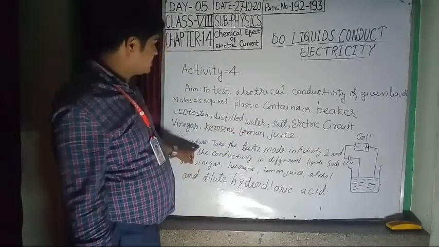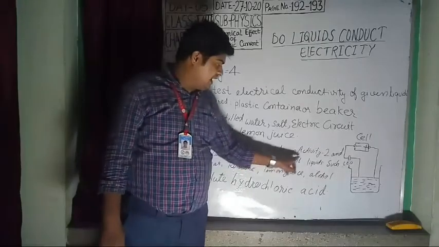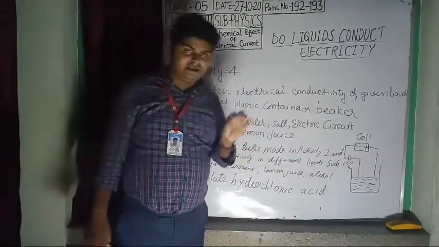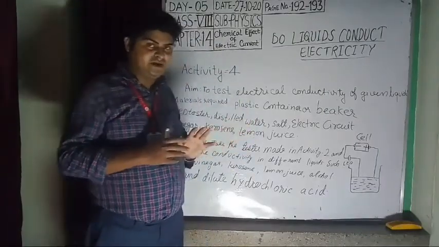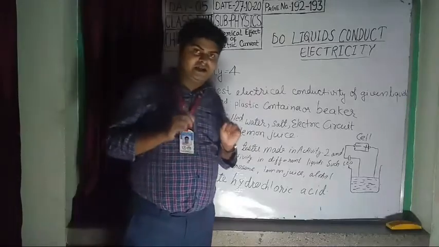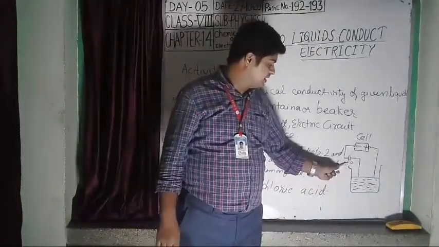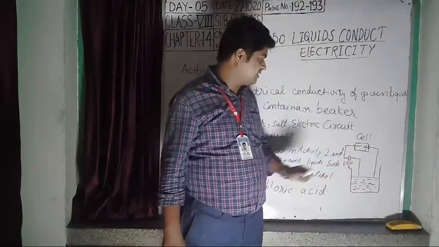Now the procedure: take the tester made in activity 2. That means in activity 2 you made an LED tester. Before doing this activity, you will make an LED tester like this in the figure. This is the LED bulb, and this is the cell, with a negative terminal and a positive terminal.